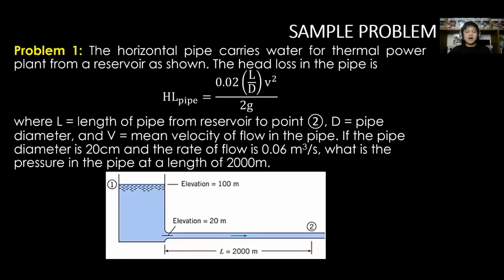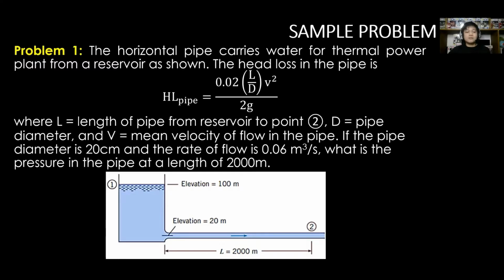So let's take now our sample problems. For problem number 1, the horizontal pipe carries water for a thermal power plant from a reservoir as shown. The head loss in the pipe is 0.02 times L all over D times V raised to 2 all over 2g, where L is the length of the pipe from the reservoir to point 2, D is the pipe diameter, and V is the mean velocity of flow in the pipe.